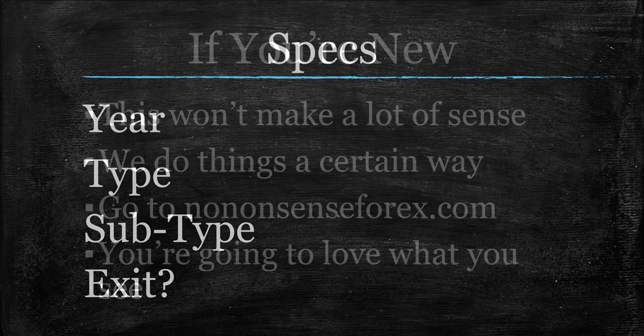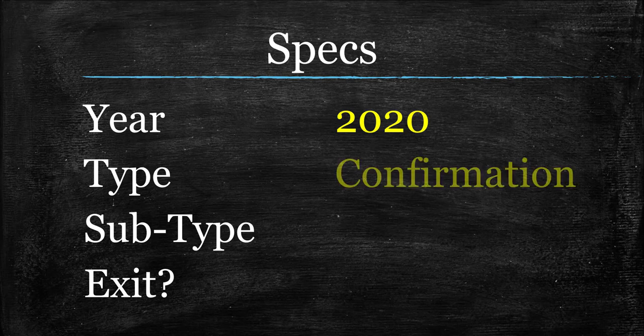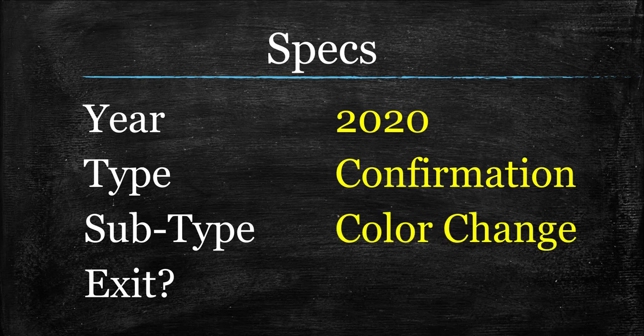Let's get into the specs for Trading Oscillator. The year is 2020, so pretty new. This is going to be a confirmation indicator, and when Dan and I get done with it, it is going to be a color change indicator. Now understand, almost all color changes out there were at some point either a zero cross, or two lines cross, or an overlay indicator, and this is going to be no exception, but for all intents and purposes this will fall into the color change category.